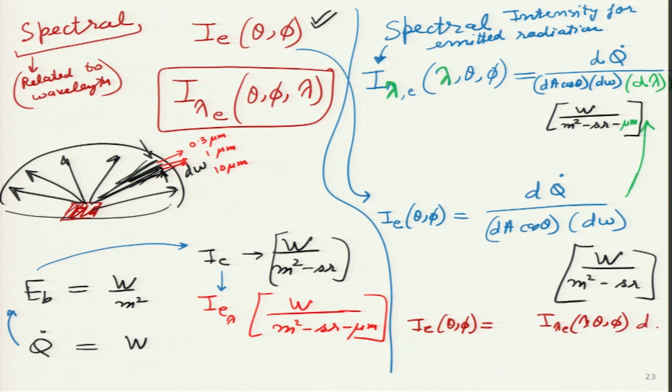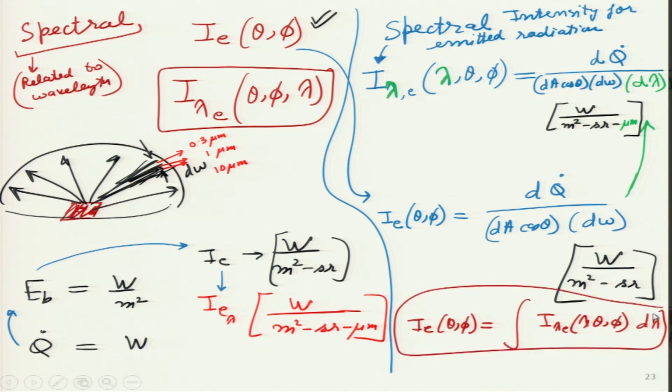It is simply an integral over d lambda, that is it. So, I am integrating from lambda equals 0 to lambda equals infinity, I get the same quantity. It is just adding things together. Integration is simply summation, adding things together. I hope students are able to understand this till this particular point.